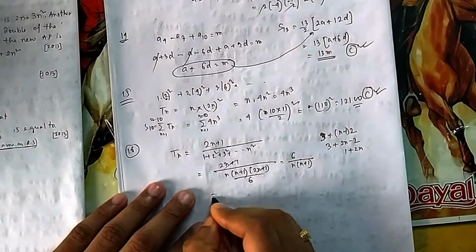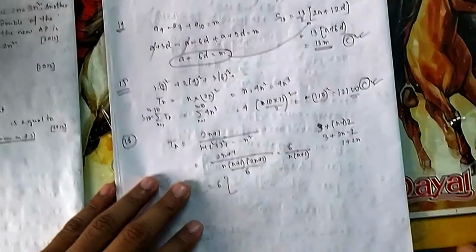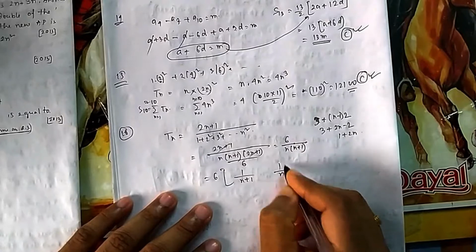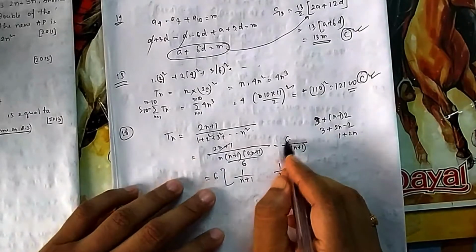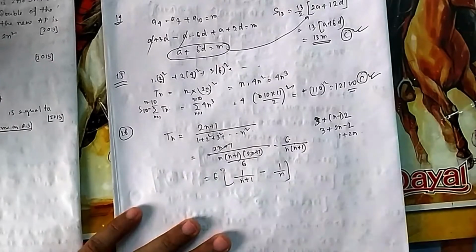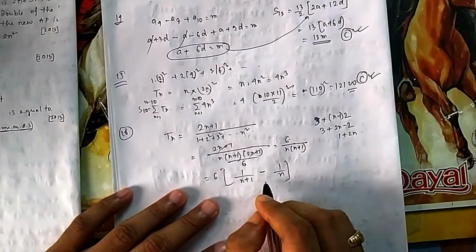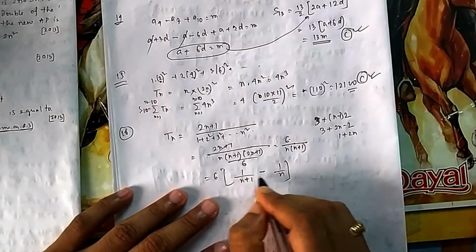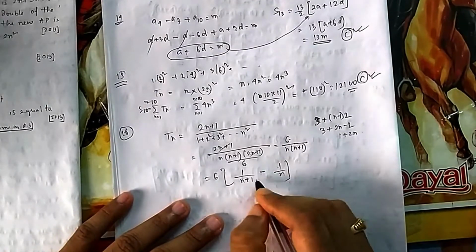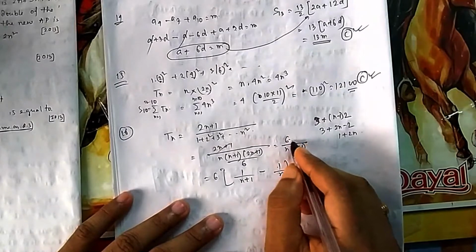Now you can easily partial fraction it by using that method, or for this simple one you can directly write it. What I generally do: take 6 common, first put your minus, then see what should be there. If you take the LCM, it will be n minus 1, so it will be minus 1, but outside it should be plus 1.